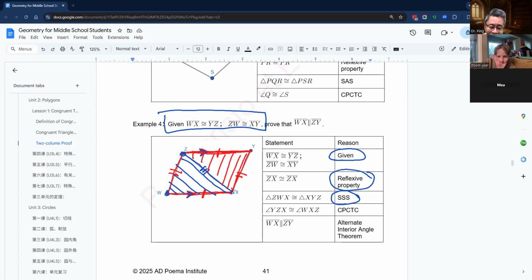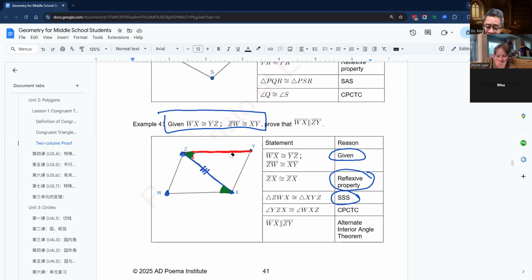Now, if that's the case, then we know the angle YZX, this angle, and WXZ, this angle, are congruent. Let's step back to see what we know now.